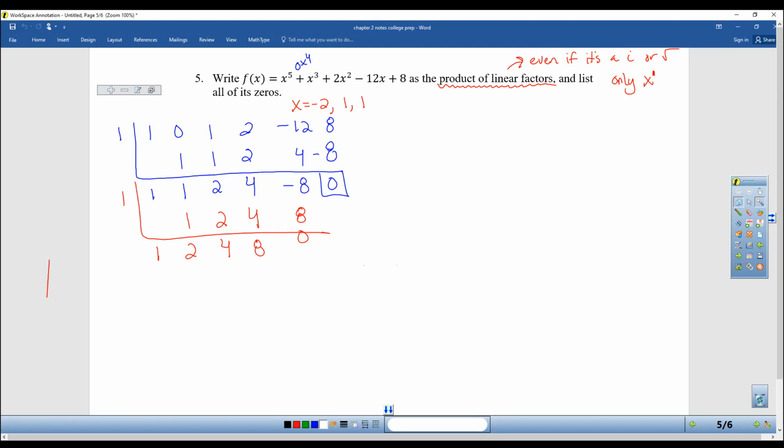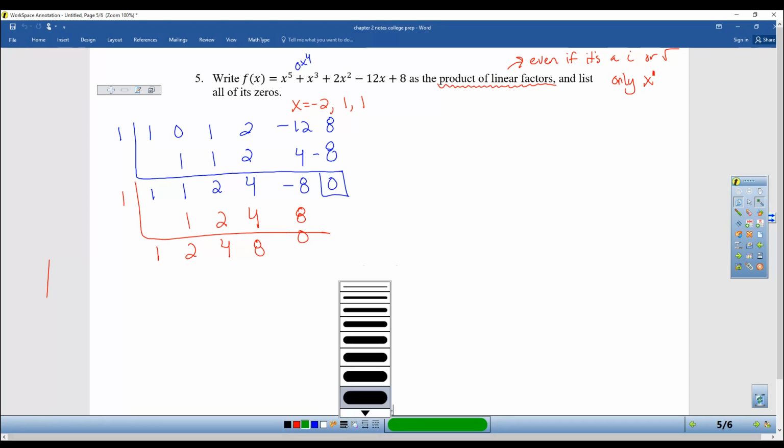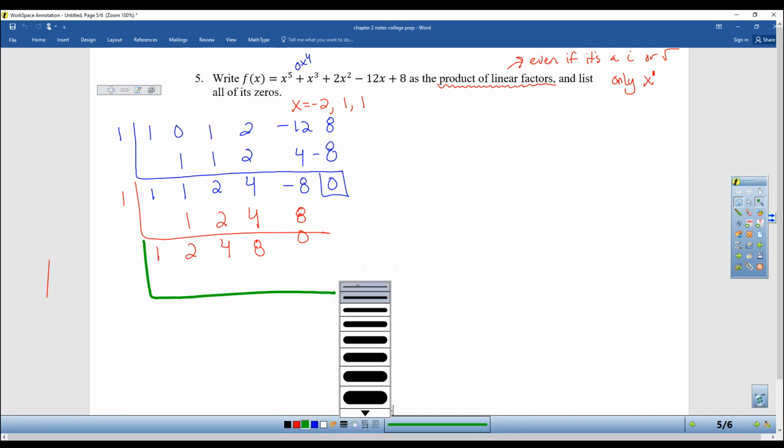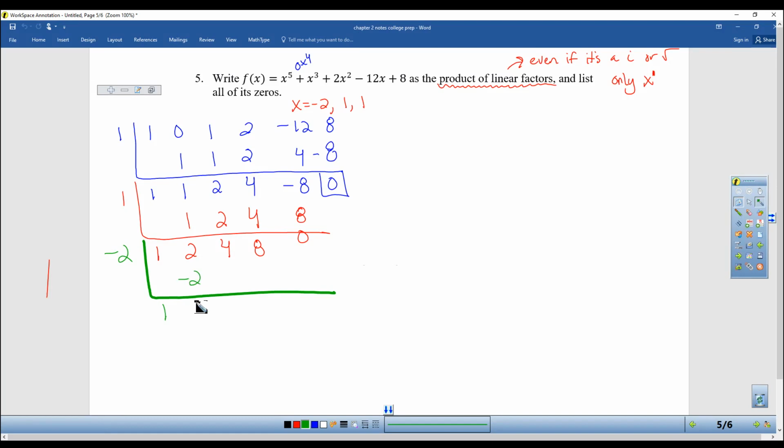Just going to give myself a little more room here. And the last one. Negative 2. Add, multiply, add, multiply, add, multiply, add.